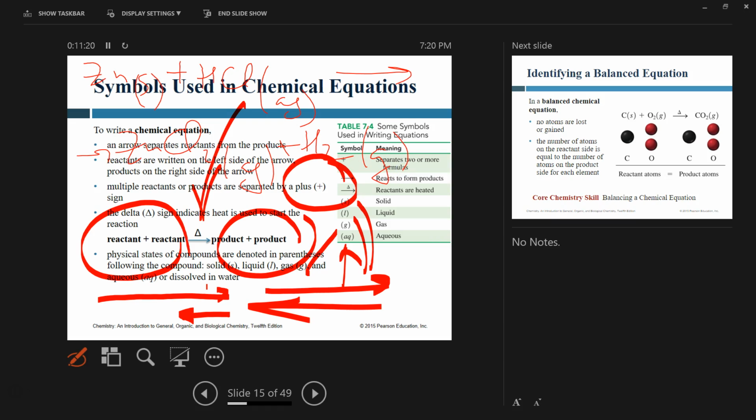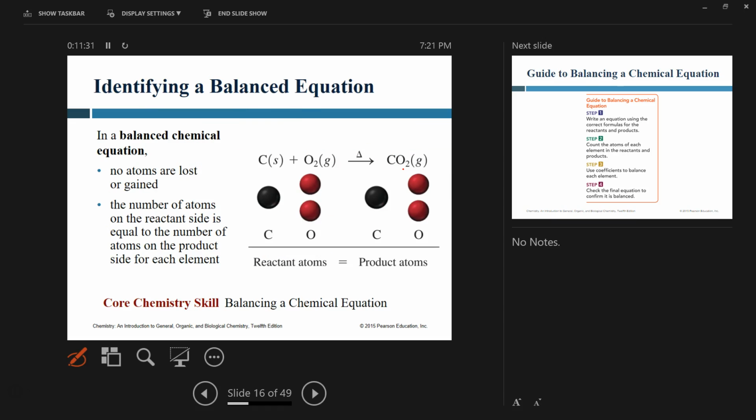So in this parenthesis, you write down the conditions, the state of the reactant or the product. Does that make sense? I'm going to stop here if you want to see that nerdy joke.